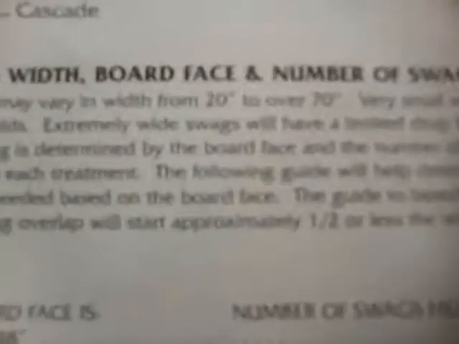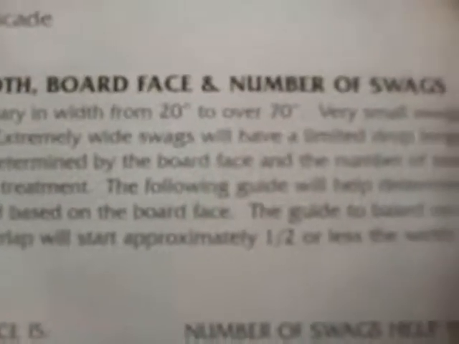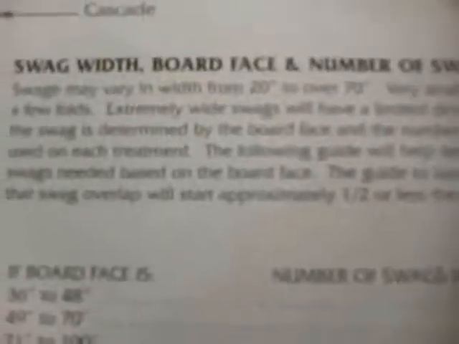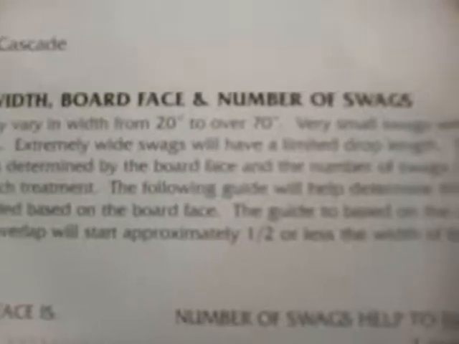Okay, so I hope you will be able to see all of that. Remember, wherever you see board face, it actually means the rod or the space of the window that you are working with.